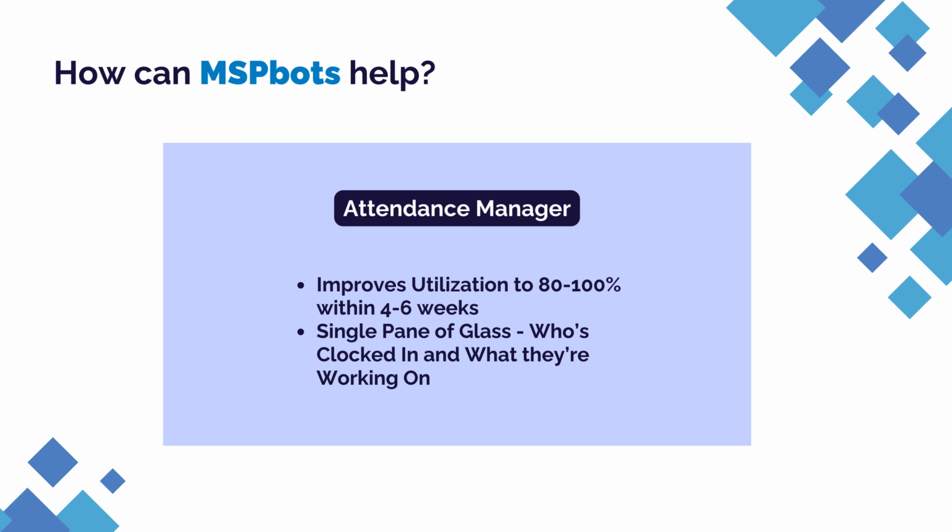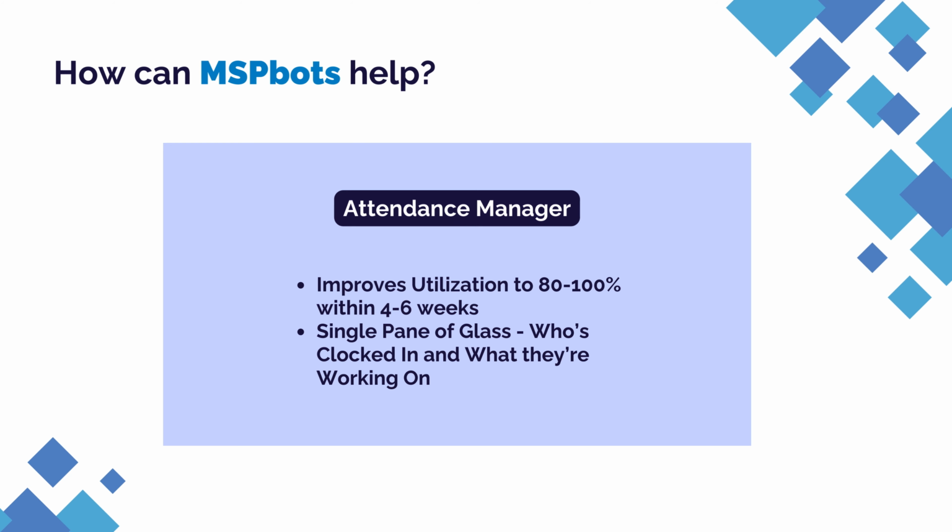The way we do that is with our bots, making sure the technician understands what their utilization is real time, making sure that they're practicing the right habits when it comes to ticket hygiene, make sure that utilization is entered immediately and on time. So ultimately, that attendance manager will help your technicians input the right information real time to improve your utilization.